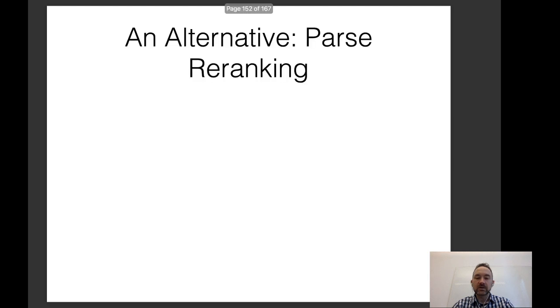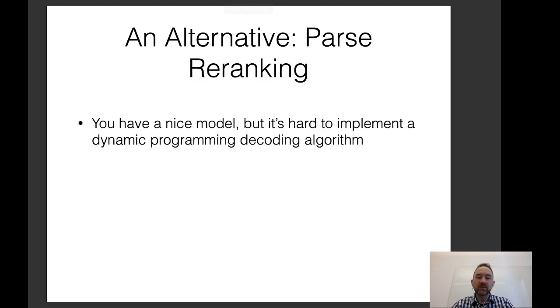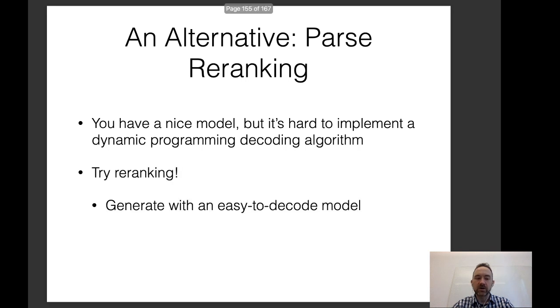The basic idea is if we have a nice model for global scoring of trees, but it's hard to implement a dynamic programming decoding algorithm, one thing we can do is re-ranking. What we do is generate with an easy to decode model like an incremental parsing model, and then we rescore with our proposed model that doesn't have a clear dynamic programming algorithm or incremental reduction.